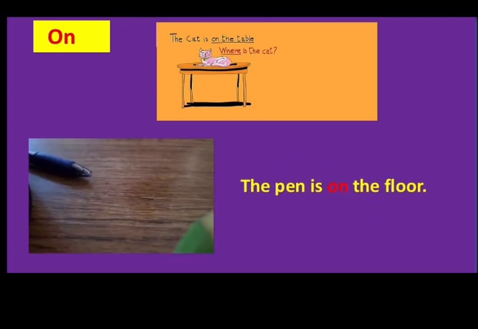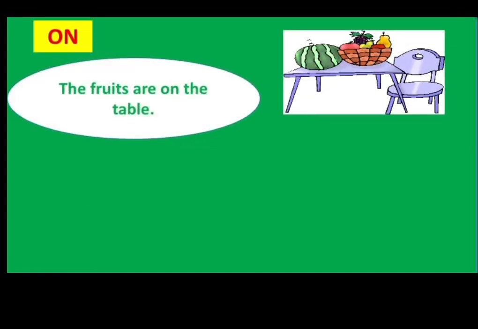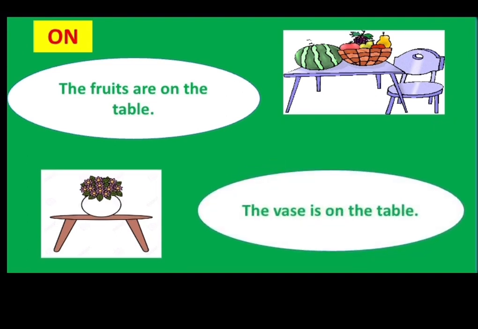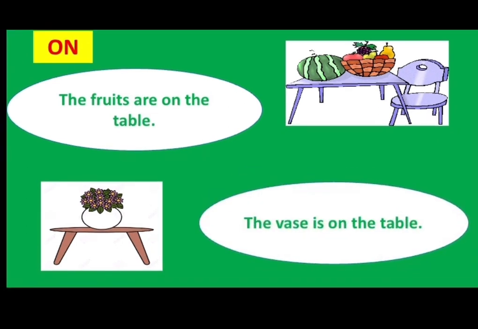Now the next preposition is on. The cat is on the table. The pen is on the floor. The fruits are on the table. The vase is on the table.